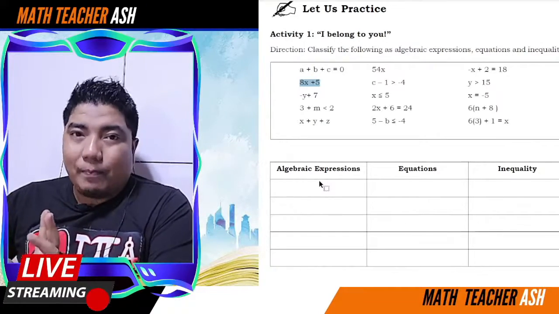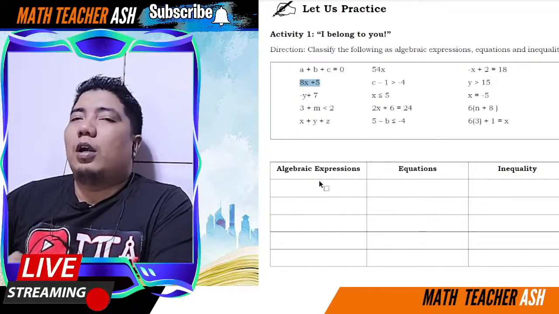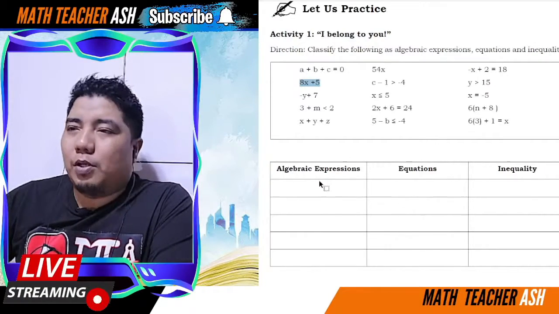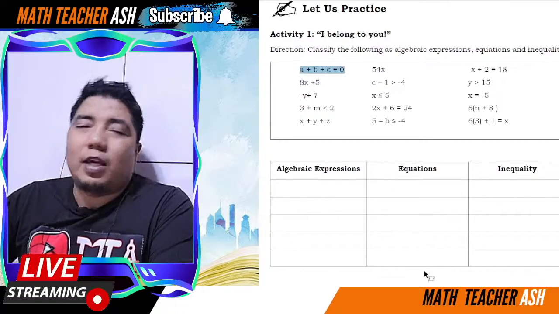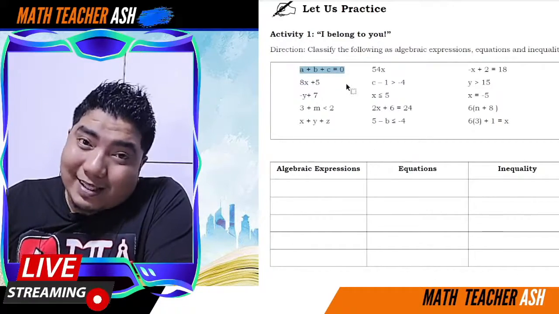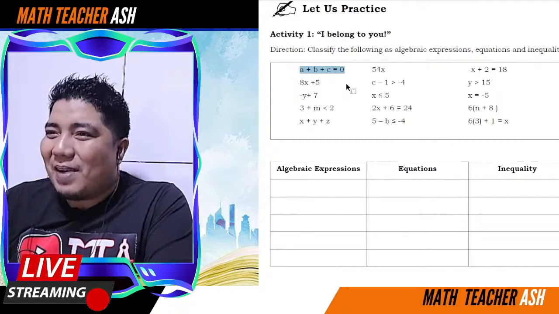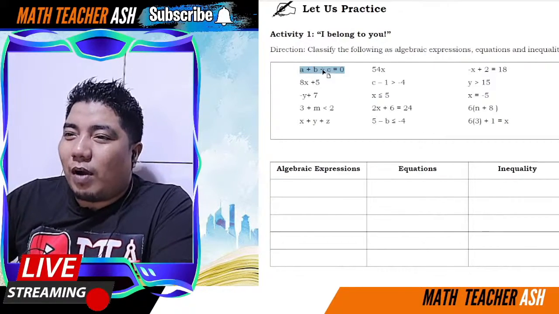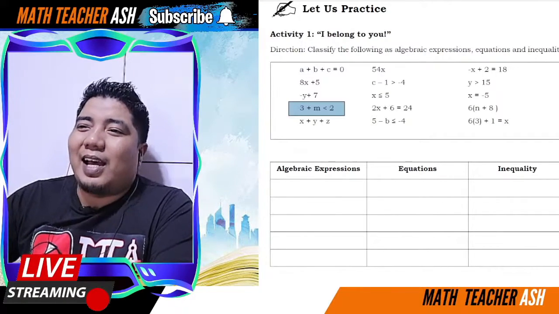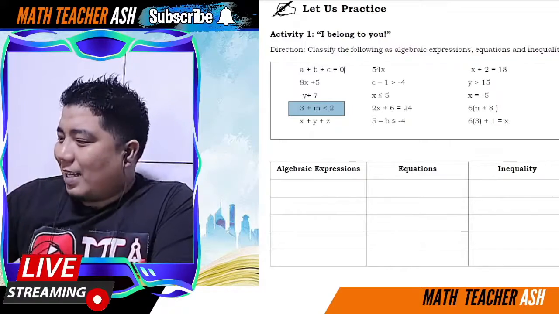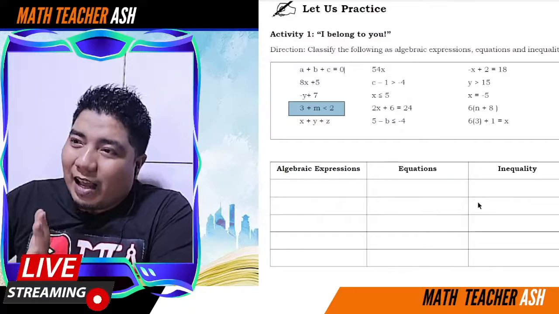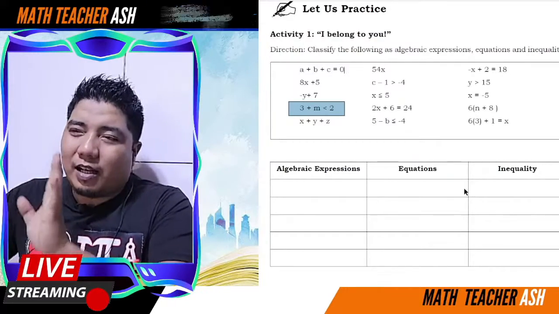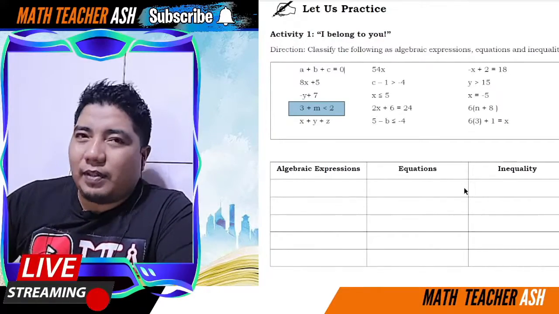Dahil wala siyang symbol na equal or inequality symbols. Okay, next, equation. This is an example of an equation. Bakit? Dahil mayroong equal sign. Napakadali, my dear math learners. And for the inequality, eto naman. Ayan. So, merong less than na symbol. Easy, right? Yes, easy lang talaga. And I'm sure, my dear math learners, kaya nyo ding i-perfect ang activity na ito.